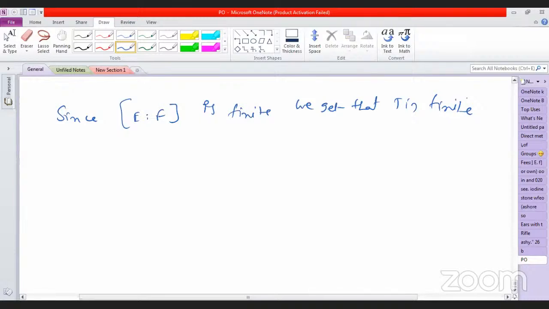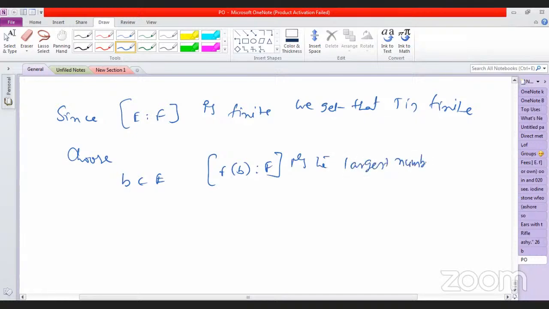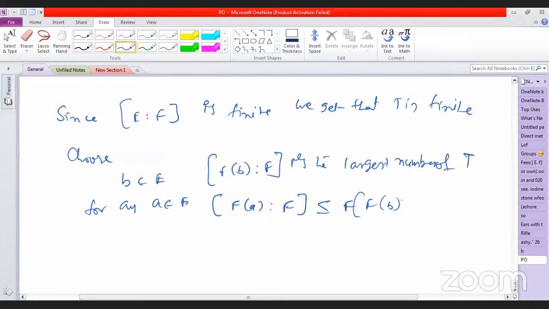So therefore choose B belonging to E, that is F of B over F, we can take B that is the largest number of T for any A belonging to E. So therefore the degree of F of A over F is less than or equal to the degree of F of B over F. It is correct.